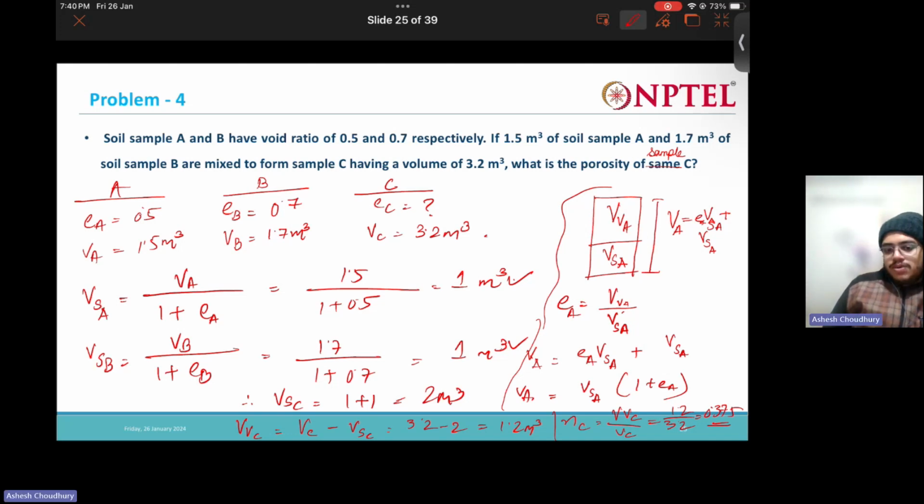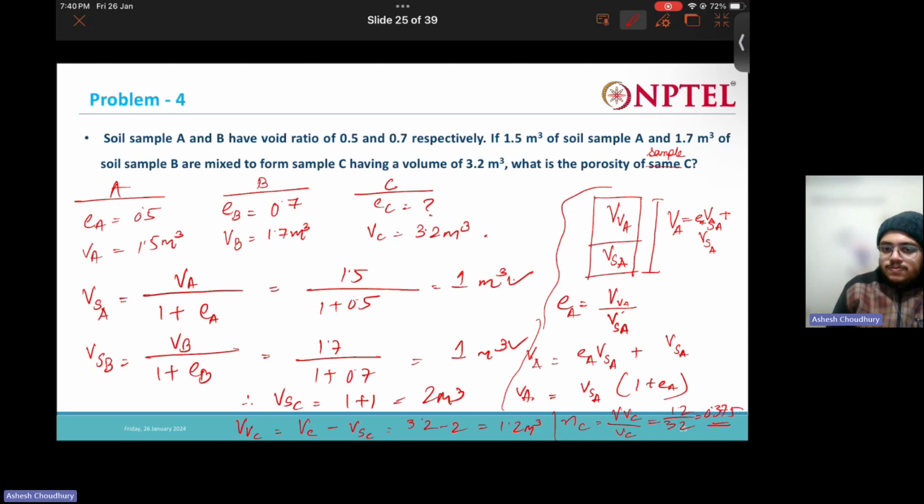Done. Quite simple, right? So the volume of solids is going to be constant. Volume of solids of A I found out, volume of solids of B I found out. So if I'm mixing both of them, the sample I'm getting is going to have volume of solids of A plus B, 1 plus 1, 2. Now what is the total volume of the sample C?